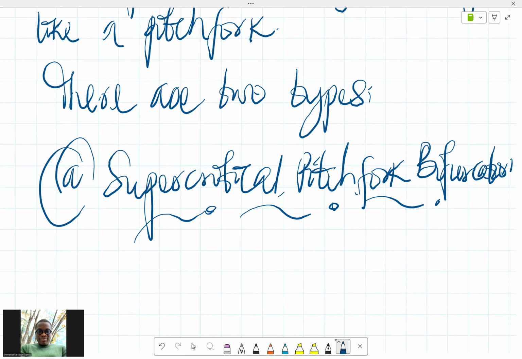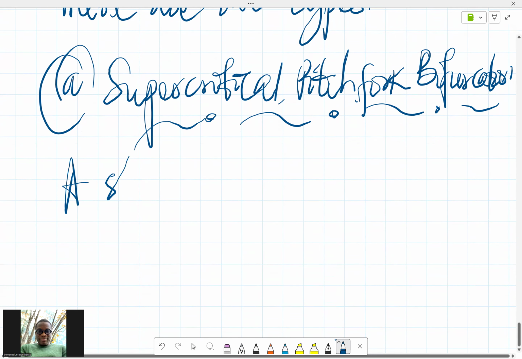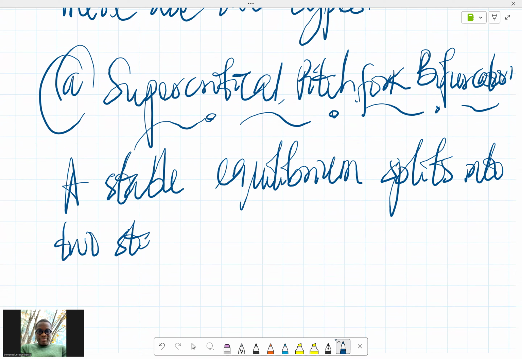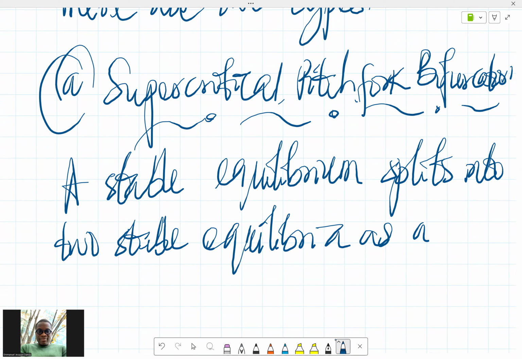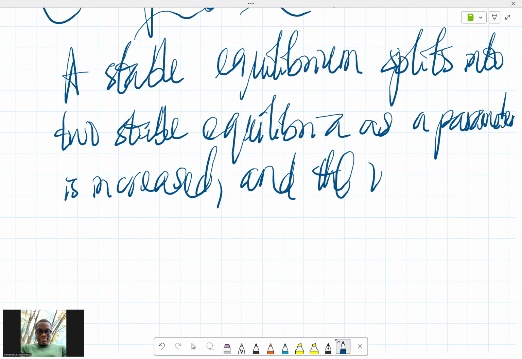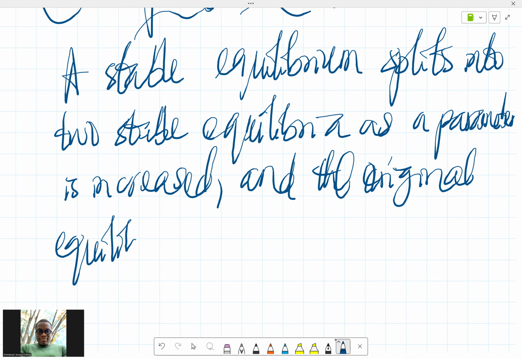Here a stable equilibrium splits into two stable equilibria as a parameter is increased, and the original equilibrium becomes unstable.